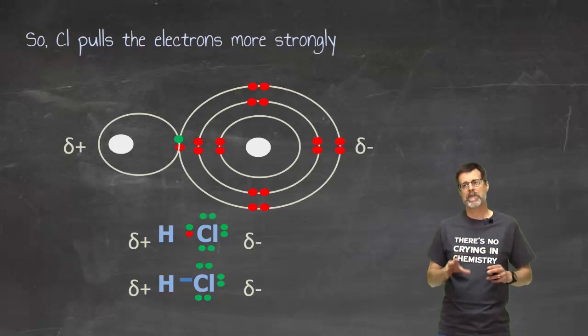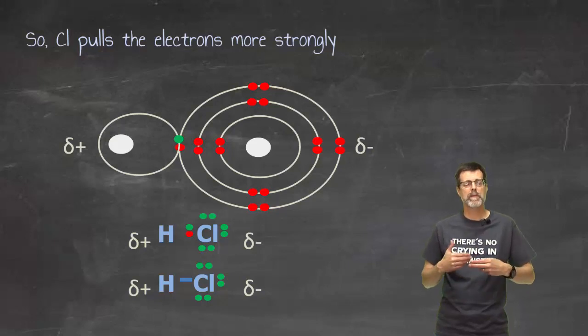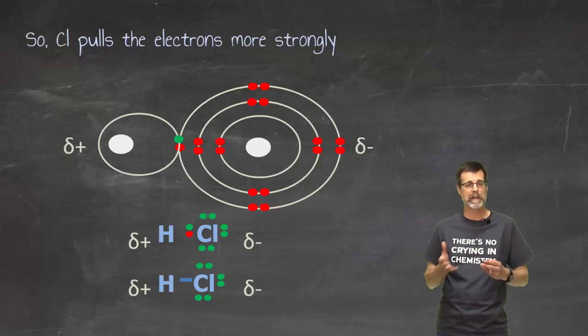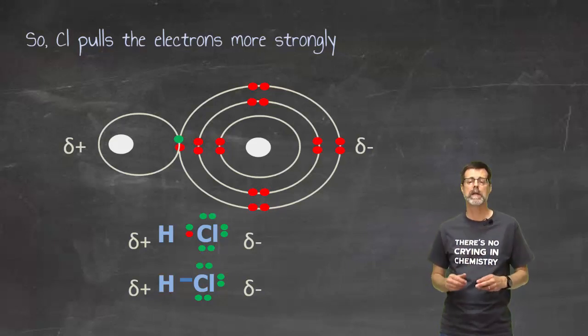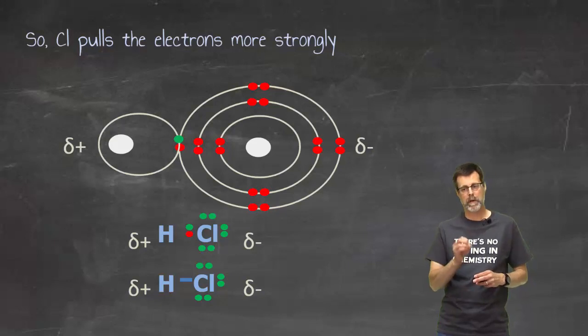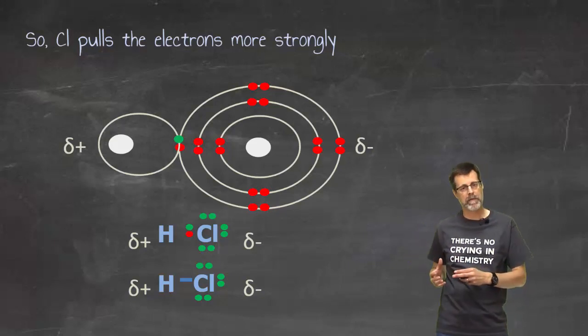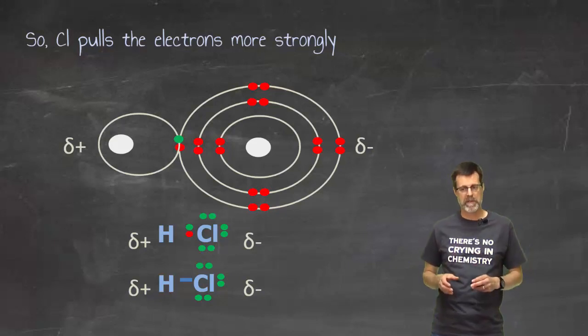What you end up with is not an ionic charge, but something moving in that direction, so we call it a partial charge. That little squiggle plus is actually the Greek letter delta, a lowercase delta. We have a partial positive charge on the hydrogen end of that bond and a partial negative charge on the chlorine end, because of those differences in electronegativity.